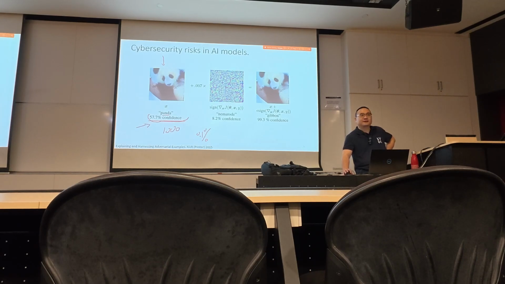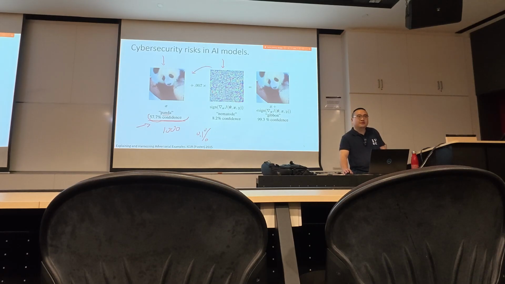Then the researchers found that, given the image, they can generate some specific noise. These are not simple noise. They are specific noise designed to fool the model. Then we add the noise to the clean image. This results in an image that is almost exactly the same as the original image.